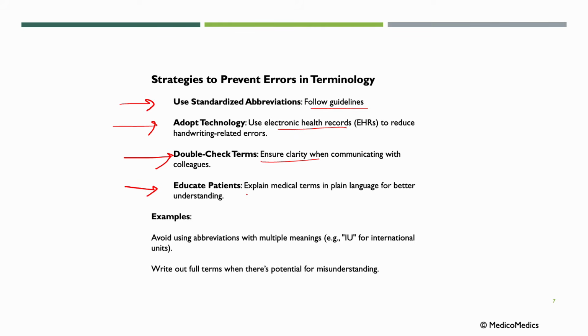Educating patients, so explaining medical terms in plain language for better understanding. For example, avoid using abbreviations with multiple meanings, and write out full terms when there's potential for misunderstanding. So if it is multiple sclerosis, don't just write MS, but write multiple sclerosis.